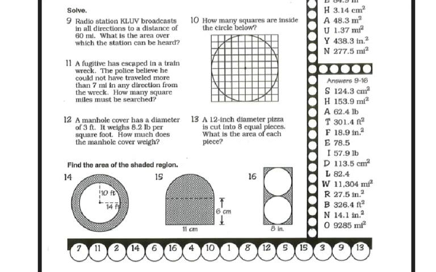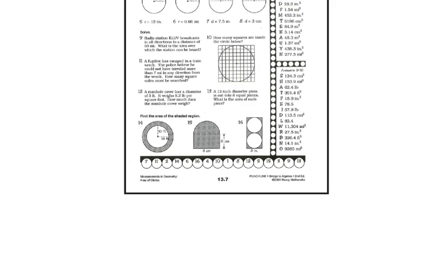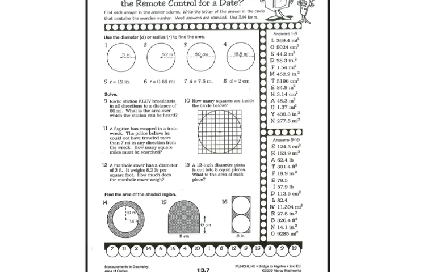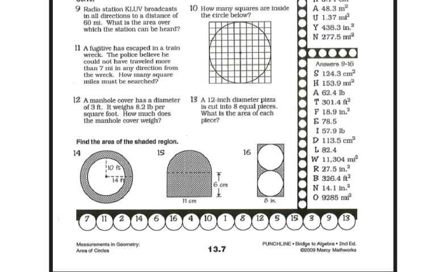Okay, so this is one of the worksheets that I want you to do. I'm not going to do any 1 through 8 with you. Those are just basic area problems. You're going to do all those by yourself. But the word problems, I will do a couple of them with you.